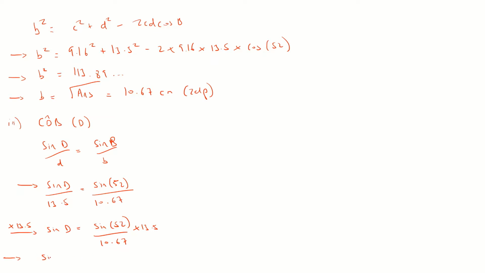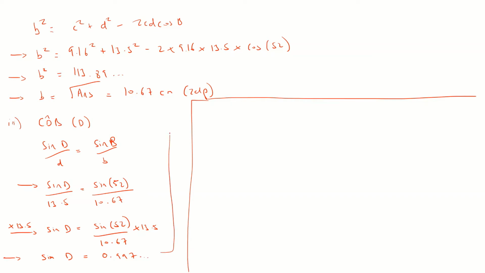If you work that out, you will get sine D is sine 52, close bracket, over 10.67 times 13.5, and you get sine D is 0.997, etc. Remember, to find the angle, take the inverse sine.